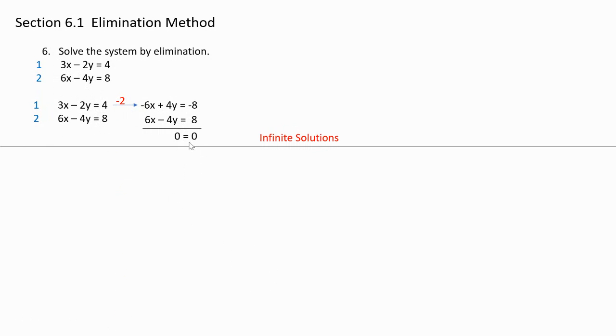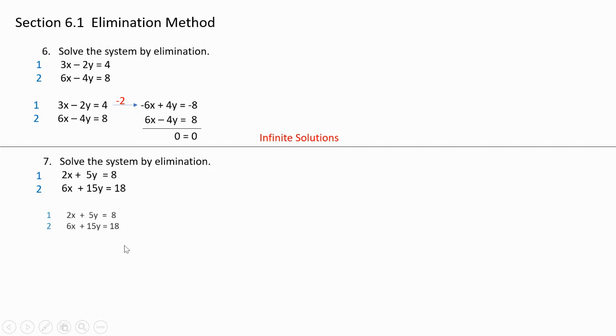Now on number 7, we have another system of equations. Again, I'm going to get rid of the x's by multiplying the first equation by -3. After I multiply -3 times every term on equation number 1, it's going to result in -6x minus 15y equals -24. We just bring equation number 2 over.